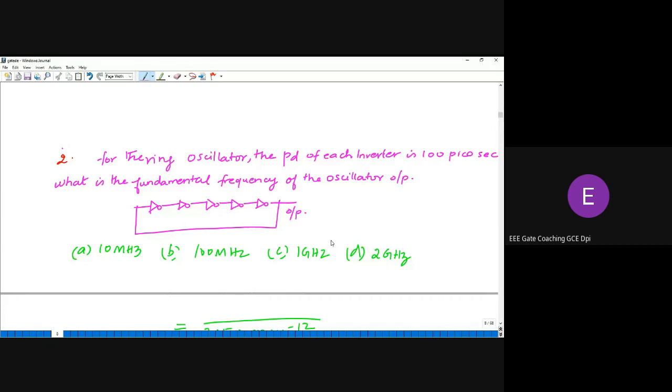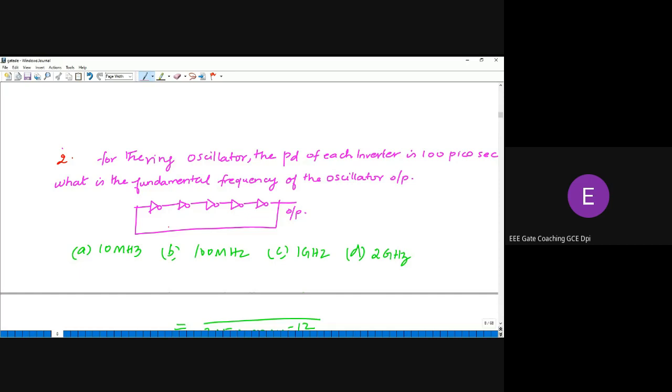Okay, so first let me find what a ring oscillator is. Is this an even ring oscillator or an odd ring oscillator? Suppose the number of inverters connected is odd.